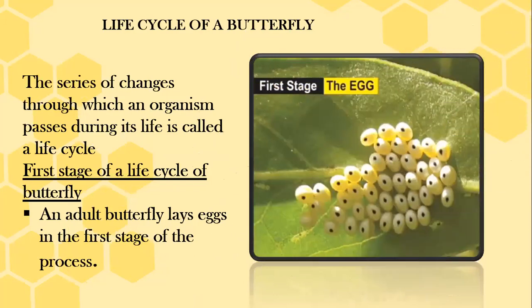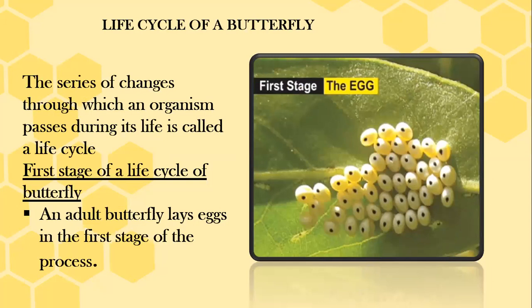You must have done in your PWs also, in the holiday homework, the life cycle of a butterfly. Children, the life cycle of a butterfly. Let me explain it a little in detail.